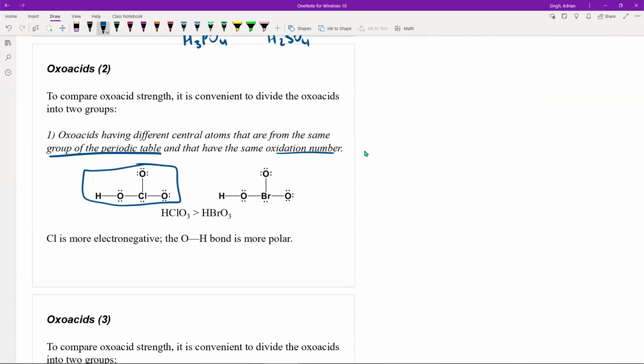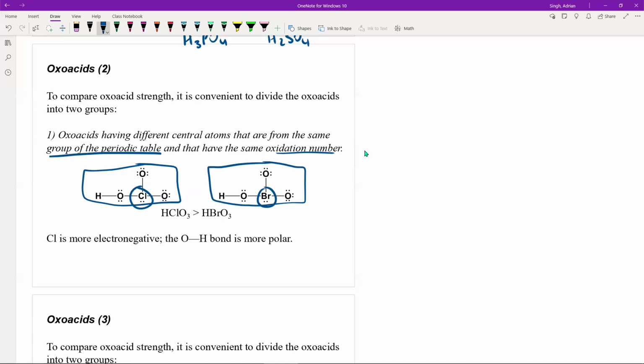You have 3 oxygens around it, along with the H on the left side. And on the right, you have bromine as the central nonmetal atom, 3 oxygens around it, H to the left. Chlorine and bromine are in the same group, they're in the halogen group. Everything else is the same, same oxidation number, same group of the periodic table.